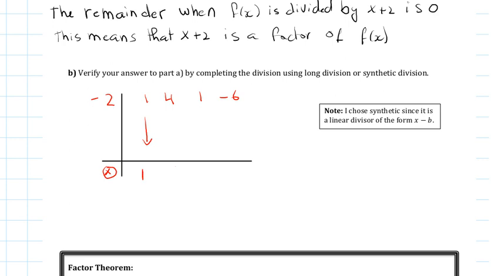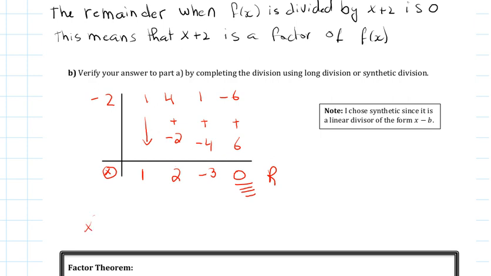When I bring the 1 down, it's a 1. 1 times negative 2, that's negative 2. 4 plus negative 2, that's 2. 2 times negative 2, that's negative 4. If I add, that gives me negative 3. Negative 3 times negative 2, that's 6. If I add, that's a 0. So you see this here is a 0. That means my remainder is a 0.